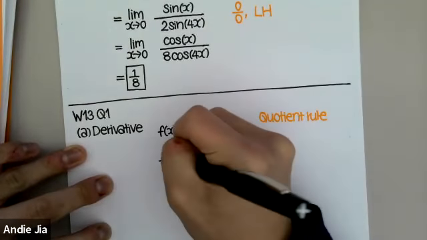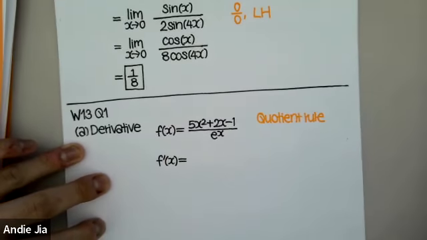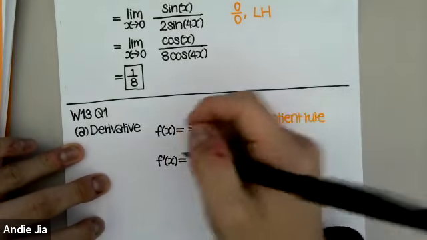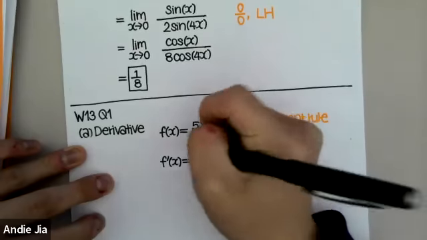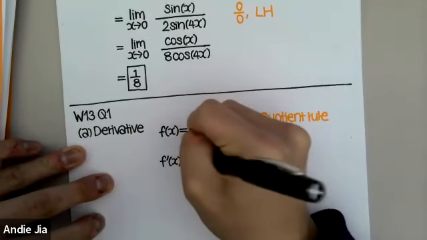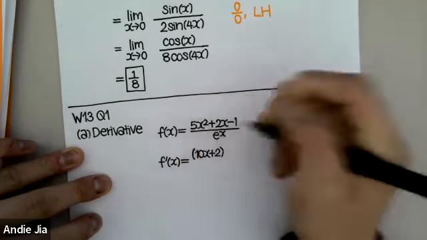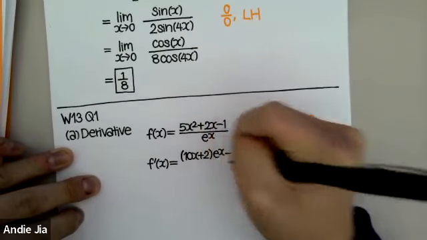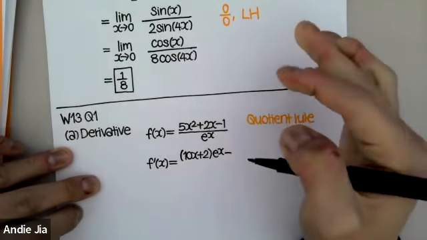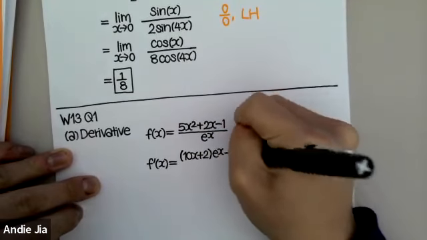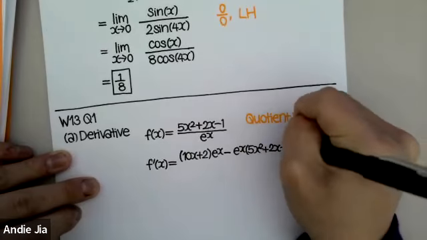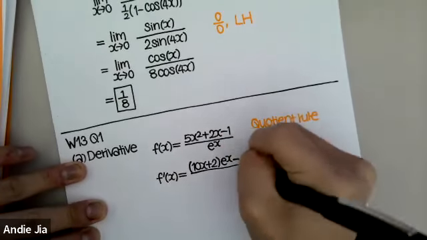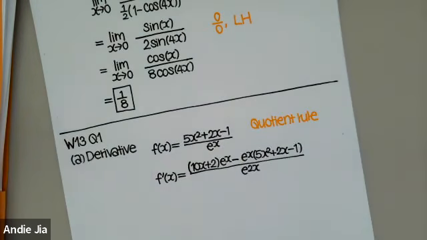The e to the x squared is going to be e to the 2x. Let's apply the quotient rule here. f prime of x is going to be 10x plus 2 times e to the x, minus the derivative of g of x, which is e to the x, times 5x squared plus 2x minus 1, over e to the 2x. Simplify a bit.